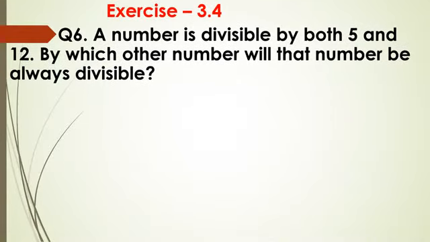Now see, here I have done 2 questions of exercise 3.4 which are a little bit different. I will not give these questions in the homework. Understand it here only and just copy it in your notebook. Question number 6. A number is divisible by 5 and 12.